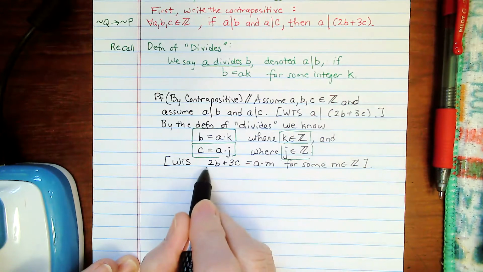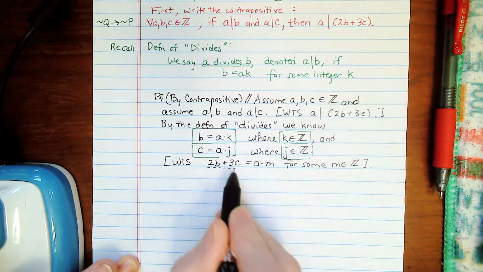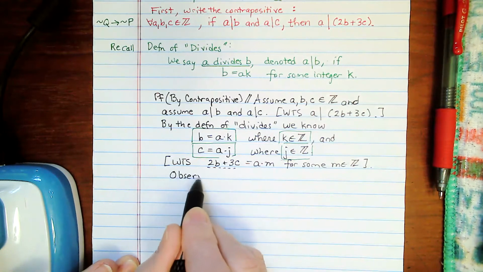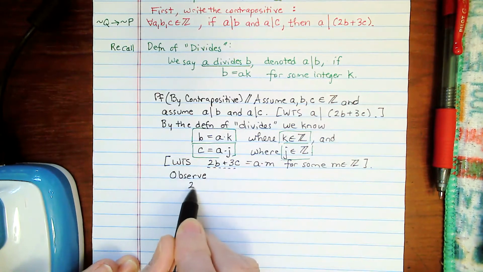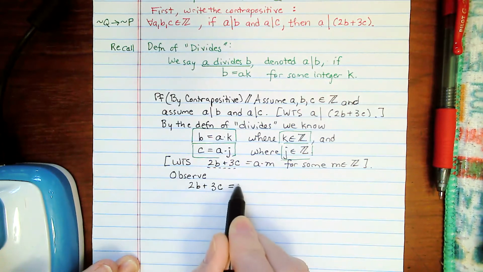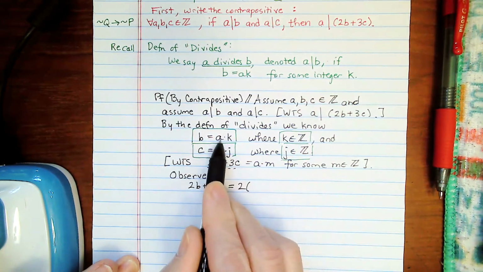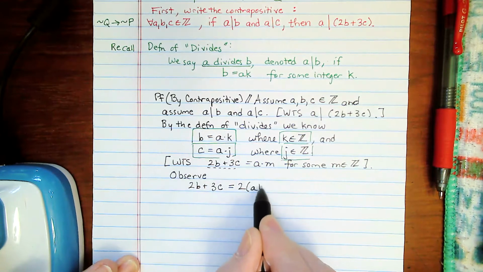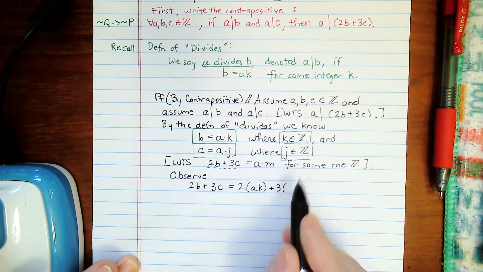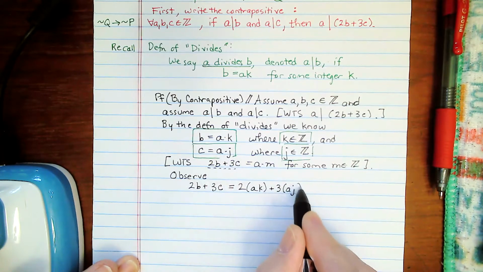Okay, so let's introduce 2b plus 3c into the conversation. I like to just say observe, and now 2b plus 3c is of course equal to 2 times b, which is a k, plus 3 times c, which of course is a j.